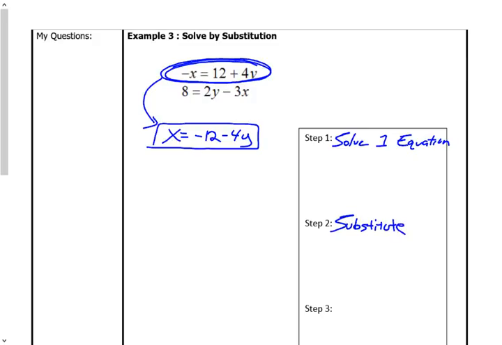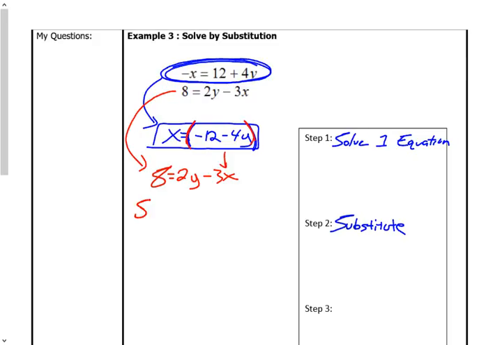Only, I'm going to substitute this entire expression into the other equation. So I'm going to take this other equation that I haven't messed with, but instead of x, I'm going to substitute in that.